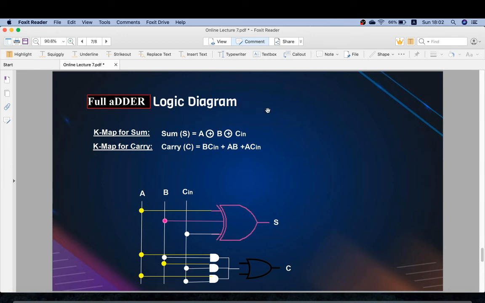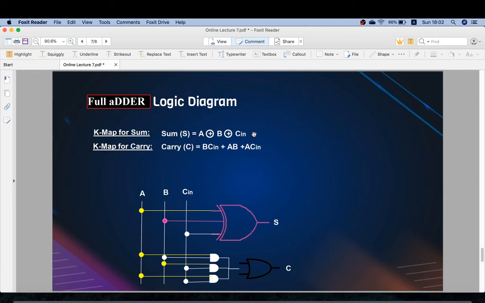So how will we make the full adder logic diagram? It's the same with both K maps, the K map for the sum and the K map for the carry. The final equation from the K map for the sum was A XOR B XOR C in, and for the carry was B C in plus A B plus A C in.